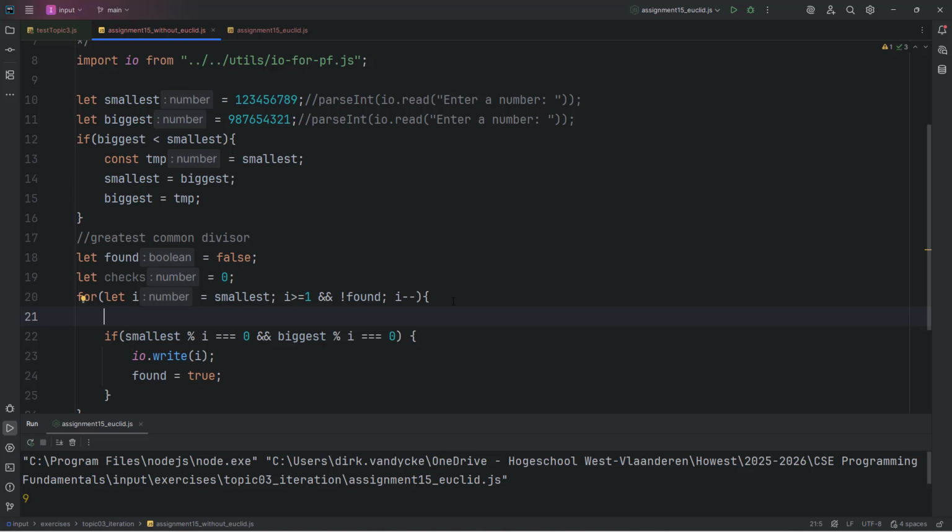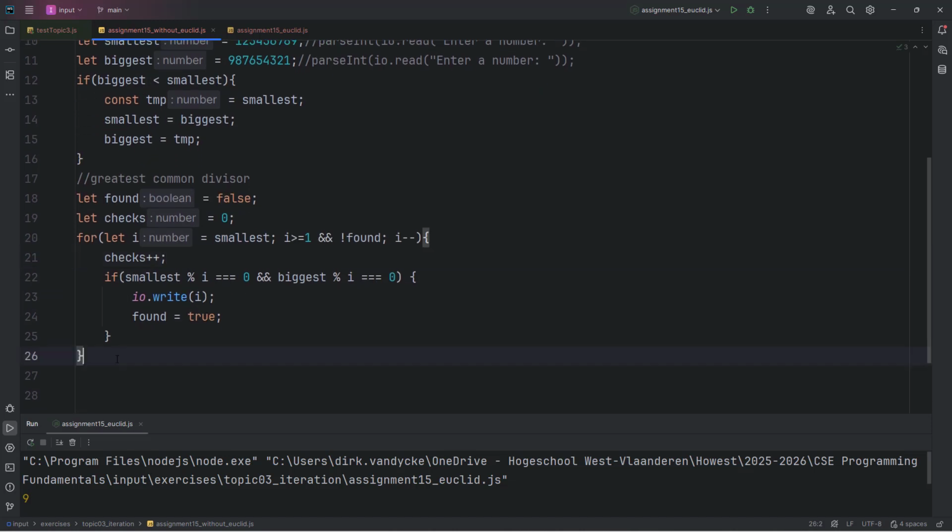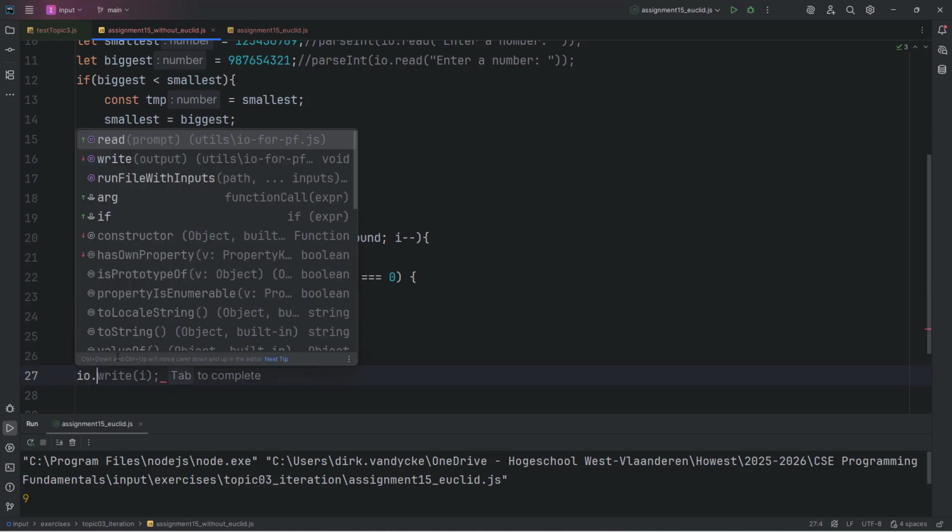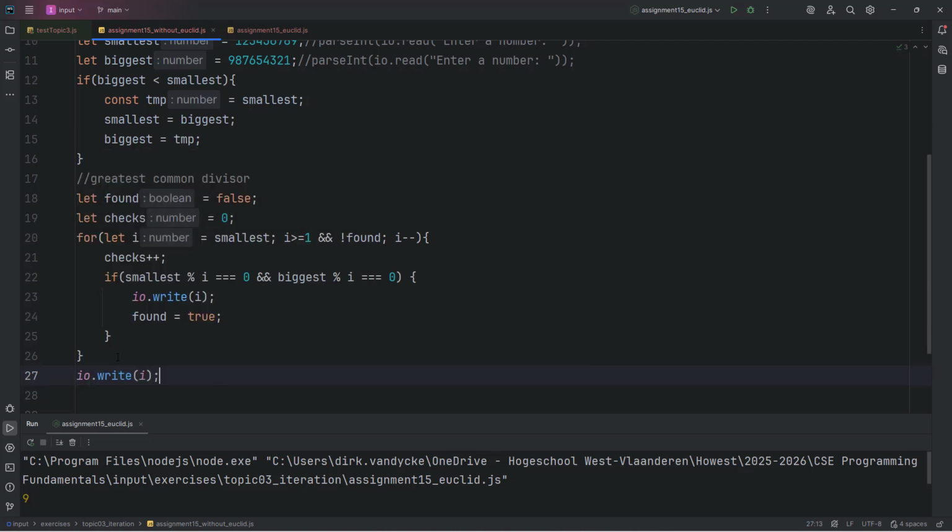I'm checking I to be the biggest, if even a common divisor of both numbers. So I'm going to have checks increment. So I have one more check. Each time I pass the for loop, I'm checking the next number. And I'm going to print out checks. Okay, just to see how many checks, how many numbers have been checked to find this.